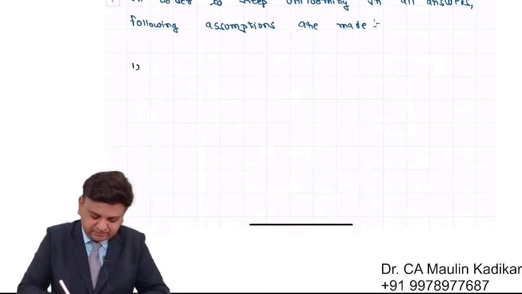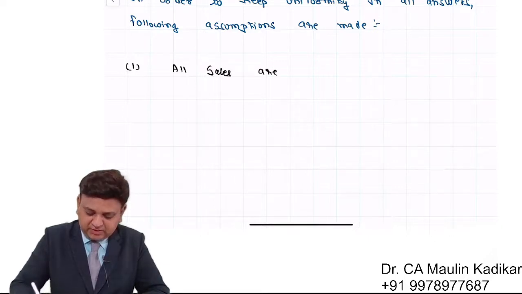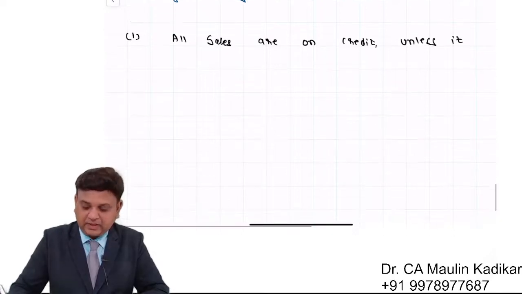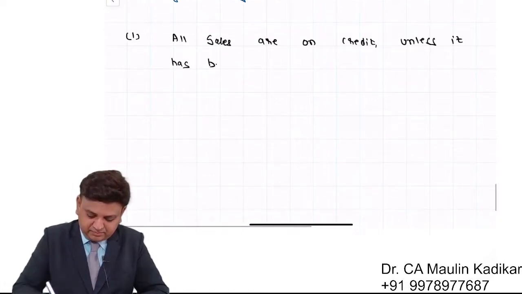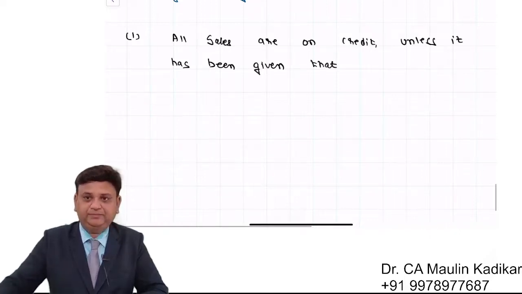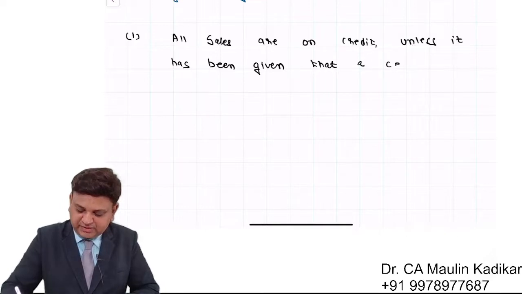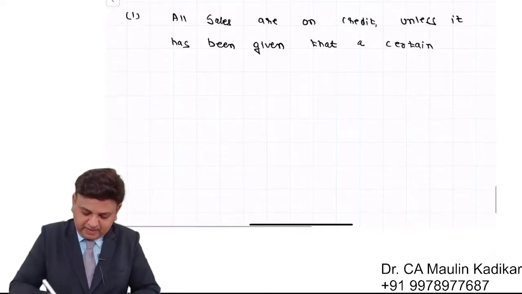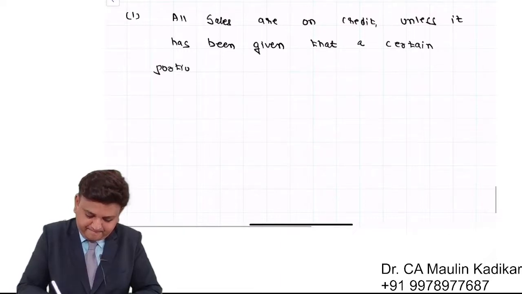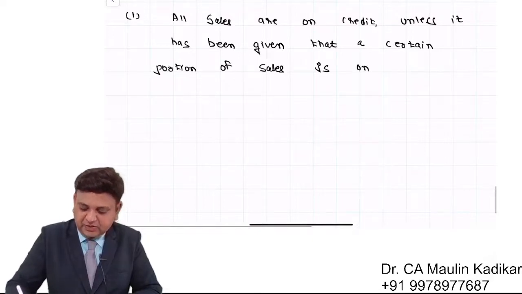Write down first: all sales are on credit, unless it has been given that a certain portion of sales is on cash basis.